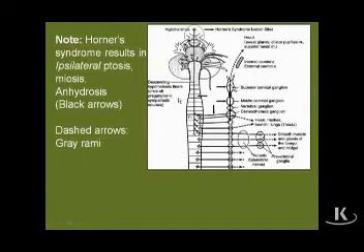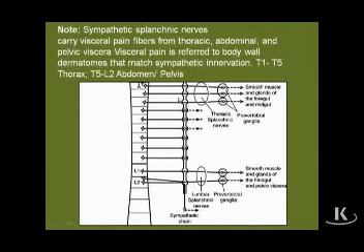Now, the picture at the bottom of this chart is enlarged on the next figure. And again, it makes two points. One is that certainly one of the jobs of the preganglionic sympathetic neuron, as we've indicated, is to synapse in the paravertebral ganglia and to provide the sympathetic innervation to the body wall. So what you're seeing here indicated by the asterisks are the postganglionic sympathetic axons that will participate in body wall innervation.